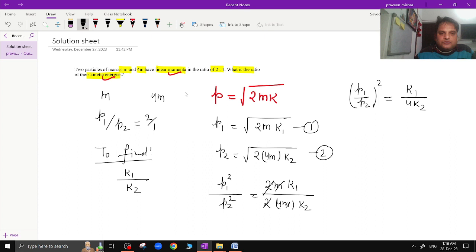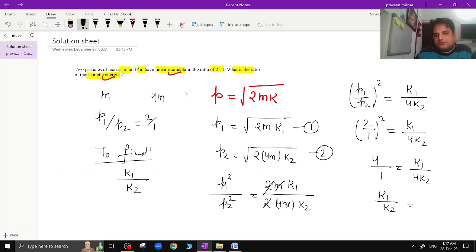They have given P1 by P2 as 2 ratio 1, so (2 ratio 1) whole square equals K1 upon 4K2. So 4 ratio 1 is equal to K1 by 4K2. Then K1 by K2 is equal to 16 ratio 1. So the correct answer would be 16 ratio 1.